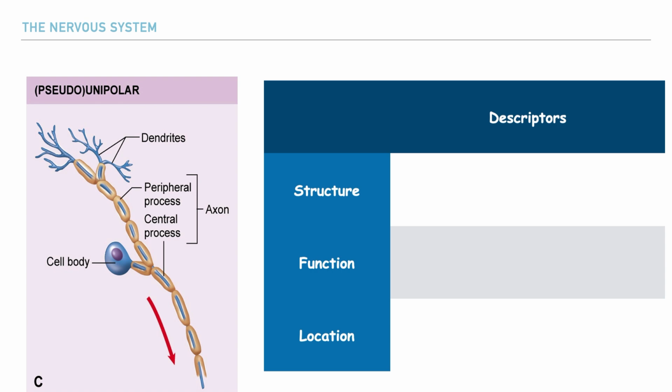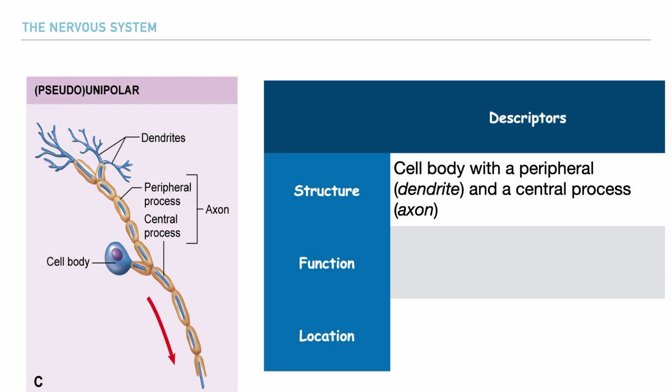Pseudo means false, and unipolar means one pole or one process. So in essence, a unipolar or pseudo-unipolar neuron is not really a one-process structure, and we'll see why in just a moment.